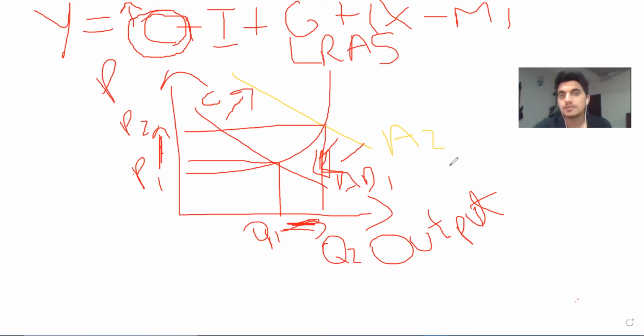So I'm gonna draw an IS-LM curve for Ricardian. So this is the Ricardian model.